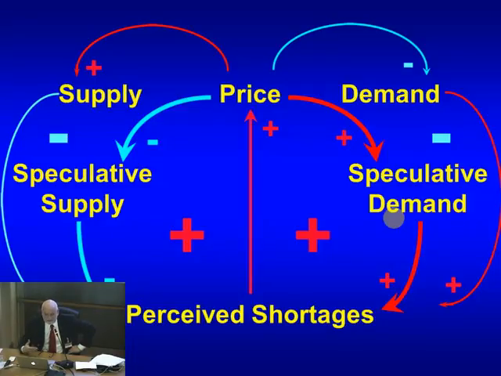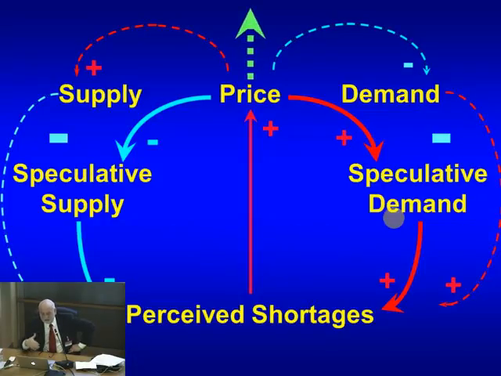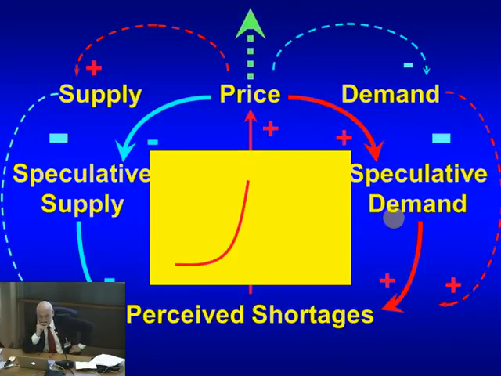So whatever is increasing in value is kept, and therefore speculative supply goes down, which leads to an increase in perceived shortages, right? Positive feedback loop. So what this means is that when prices go up, shortages go up, prices go up even more. So what you see is a development over time which leads to exponential growth.